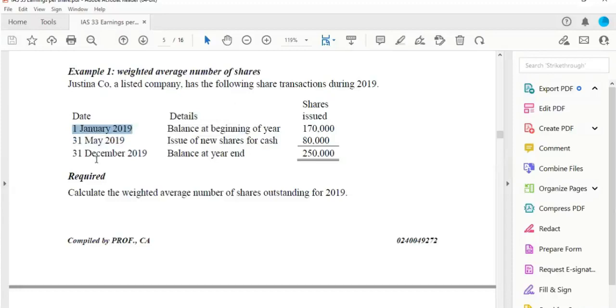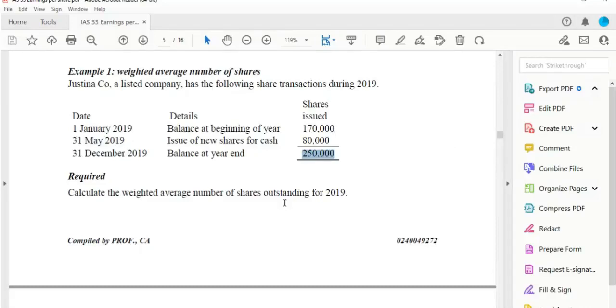So it's up to May, 5 months. So you are saying 170,000 times 5/12. Then what else? In brackets plus, that's 170 plus 80, making 250, in another bracket, times the rest of the months it lasted.